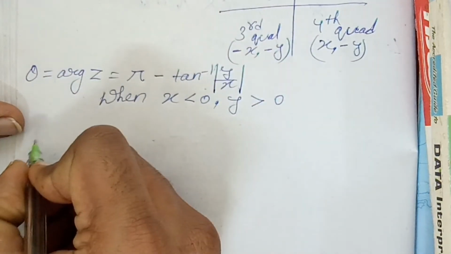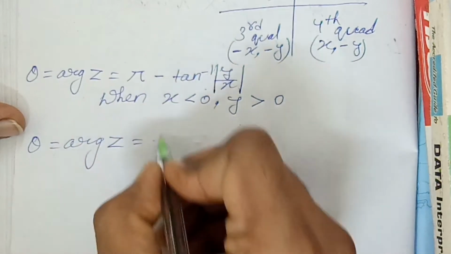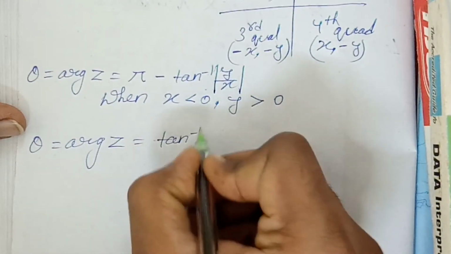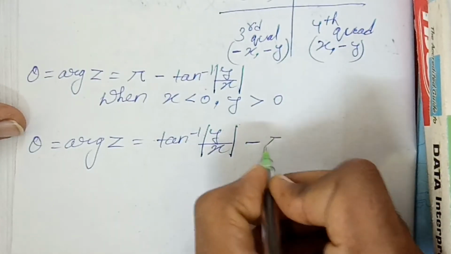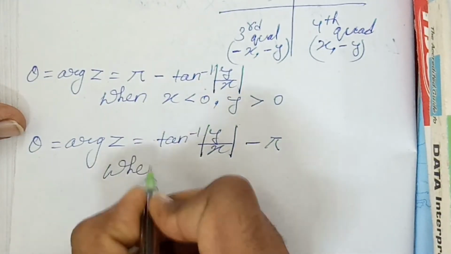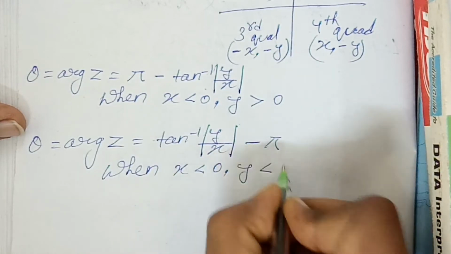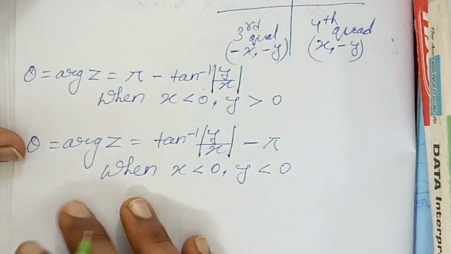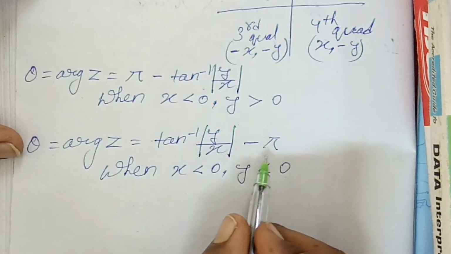For the third quadrant, argument of z is equal to tan inverse mod y by x minus pi, when x is less than 0 and y is less than 0. When both are negative, the argument of z is tan inverse mod y by x minus pi.